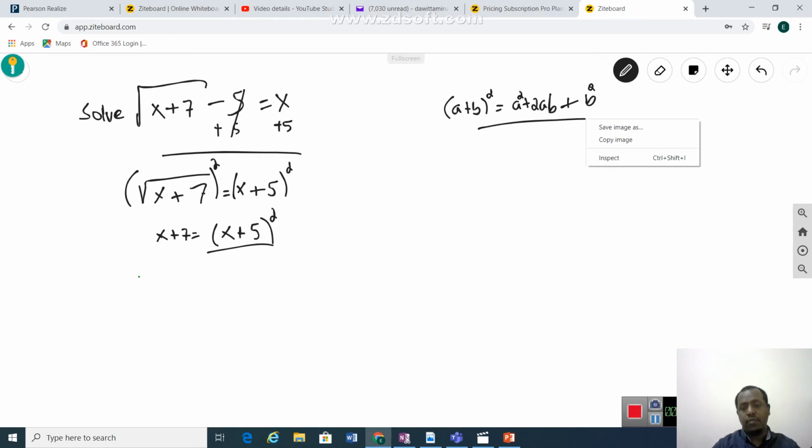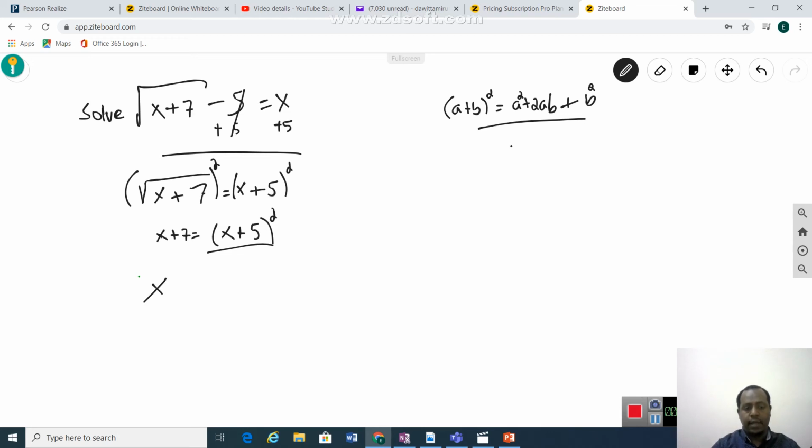Or if you forget this formula, no problem. We just simply apply the FOIL method to simplify this expression. But for this case, I will use this formula. So for x plus 5 the whole square, our a will be x and our b will be 5. So I can easily simplify.